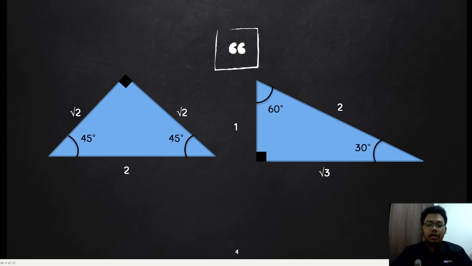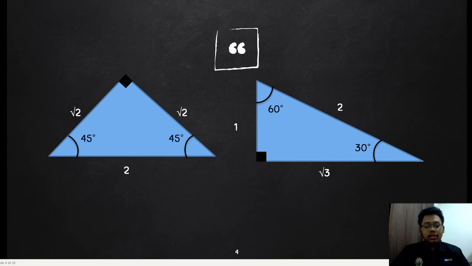So I need you all to remember all this. This is important. The hypotenuse of any triangle is opposite the right angle, the 90 degrees of the triangle. So the hypotenuse on the 45 degrees triangle is square root of 2.